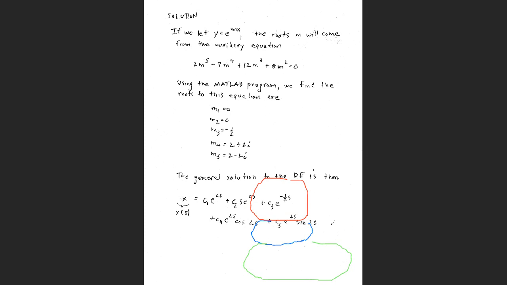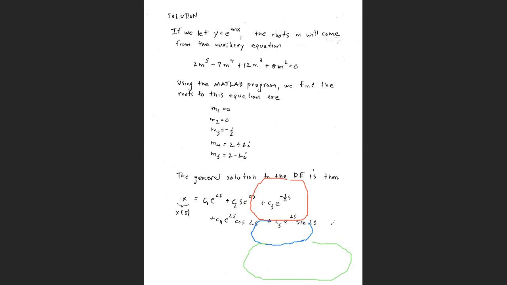Okay, now let me ask you this. Thomas says, where is i? Well, that's the thing, Thomas. What we're doing is finding a real solution to the differential equation. And so the i is not involved in the general real solution.